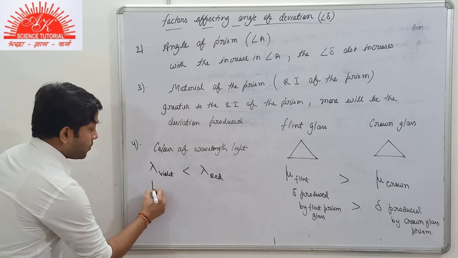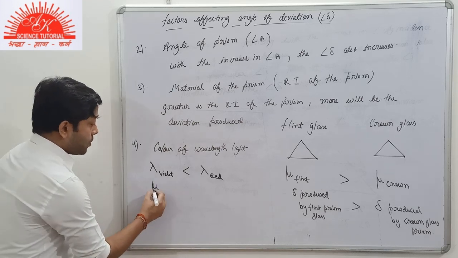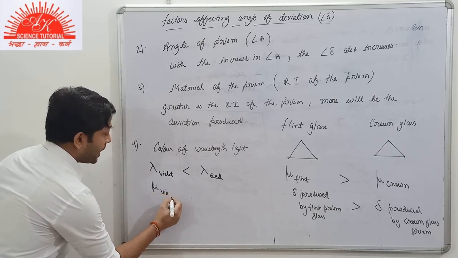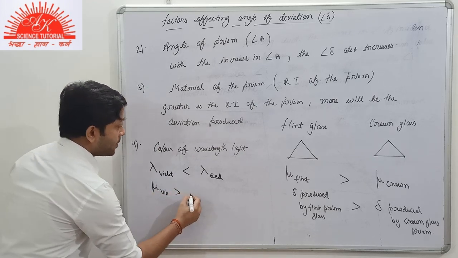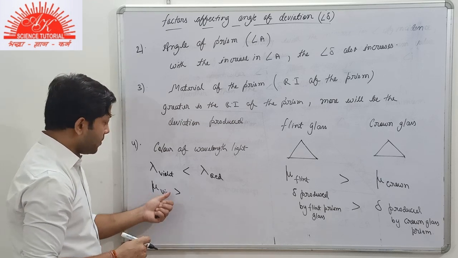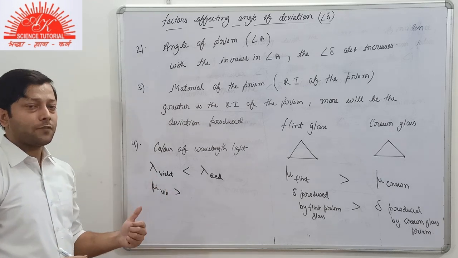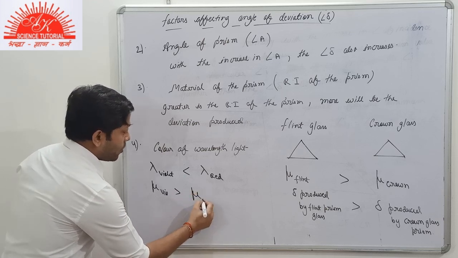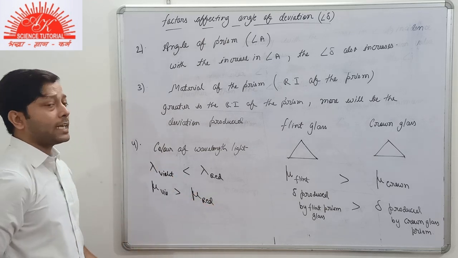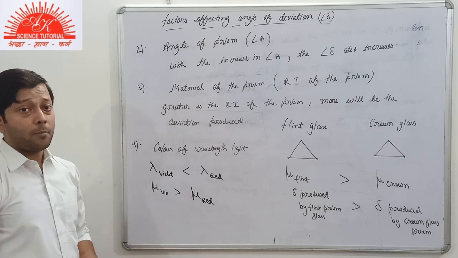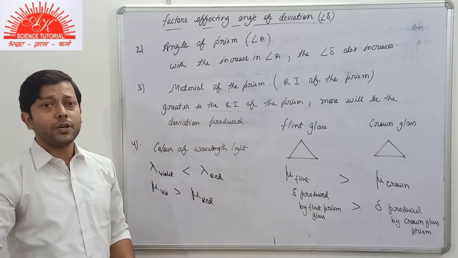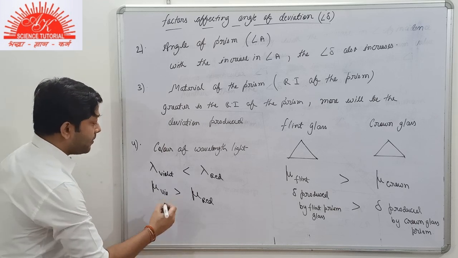So the refractive index of any medium for the violet color of light will be maximum, and you know why, I have already explained it to you in the last videos. The refractive index of the same medium for red color of light will be minimum among these 7 colors of light: violet, indigo, blue, green, yellow, orange and red.